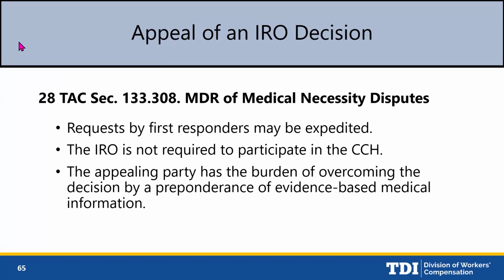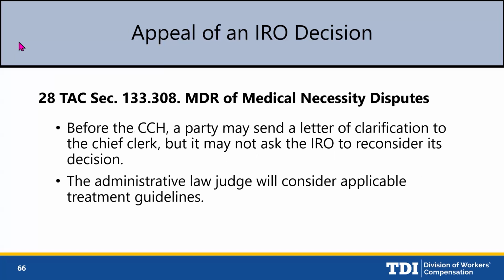So anybody appealing has the burden of proof to overcome all the decisions that have been made before that. So substantiating medical evidence, having your scientific studies ready to present. But I'll tell you this, my advice is to get it right on the first initial pre-auth request and have it all ready if you have to go all the way to a CCH.